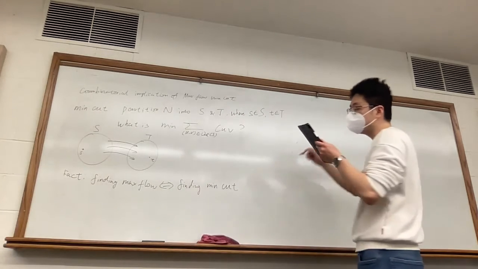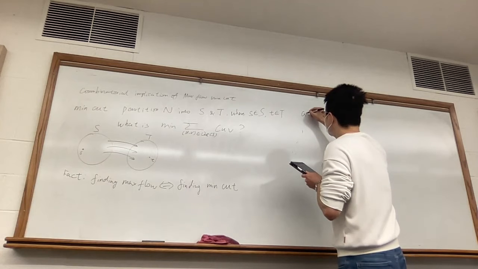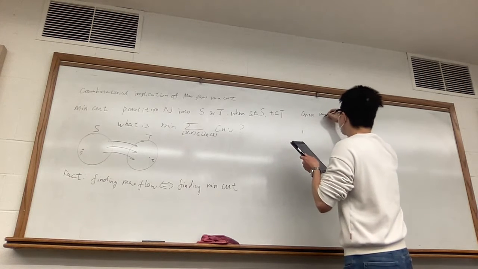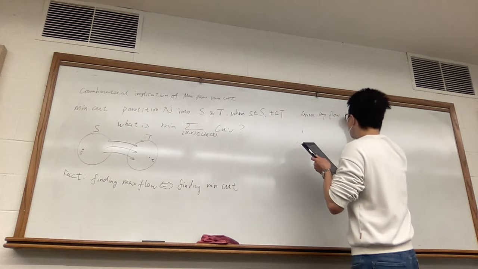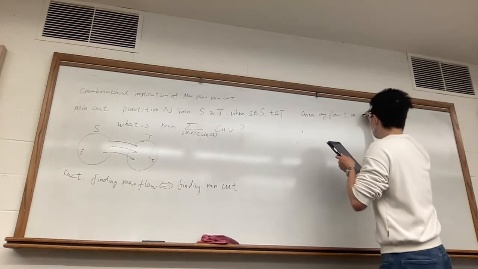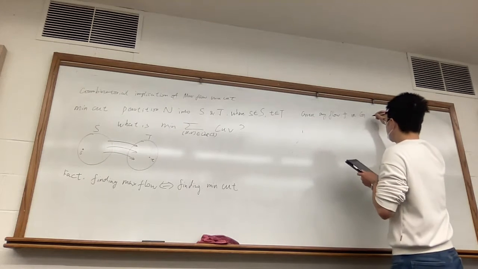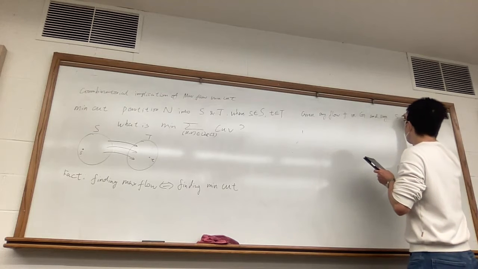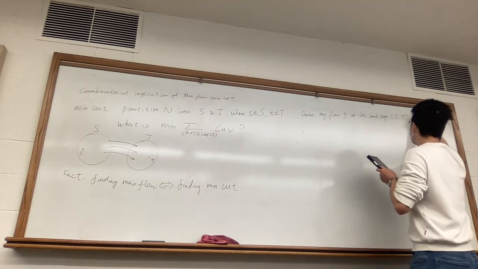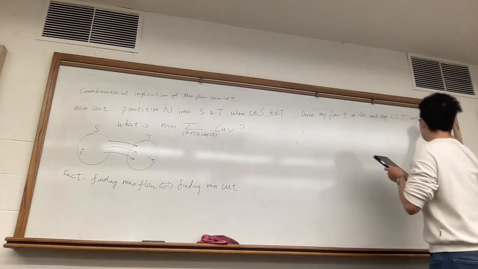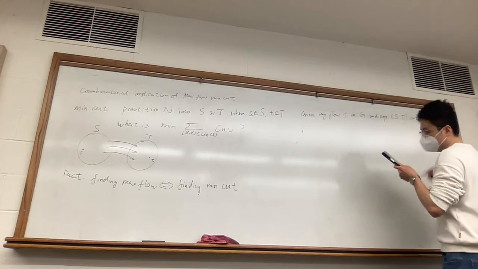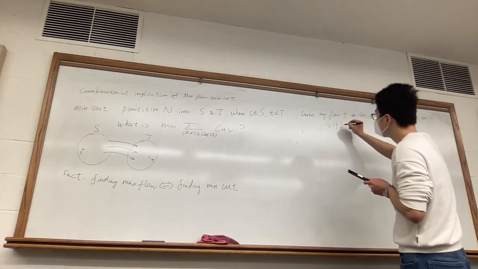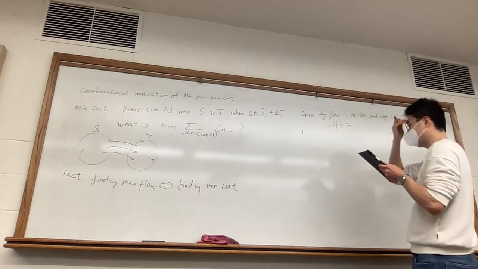The reason why is that, given any flow, say f, on our graph G, and any s-t cut on G, then the value of your flow is equal to what?